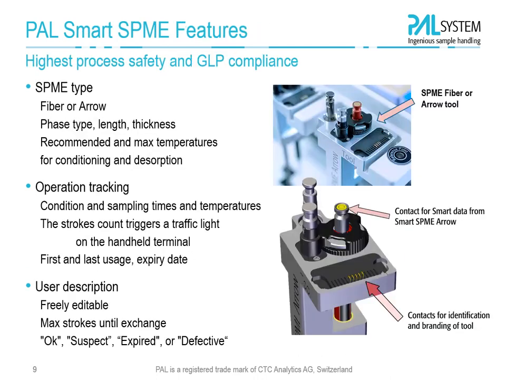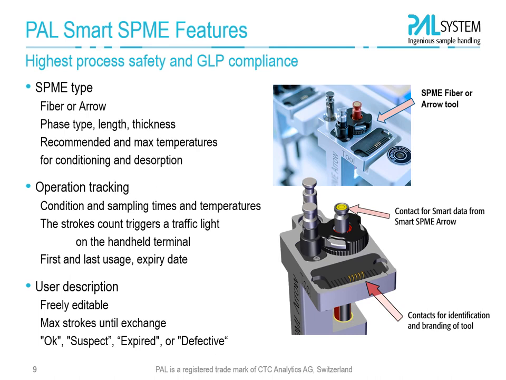An important step for process safety in SPME was achieved with the introduction of the smart data chip in the plunger head. The installed SPME type is then copied to the PAL system. This sets the operation parameters for the installed fiber or arrow immediately without any manual interference, and this avoids accidental misuse.